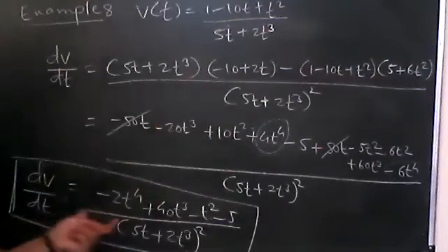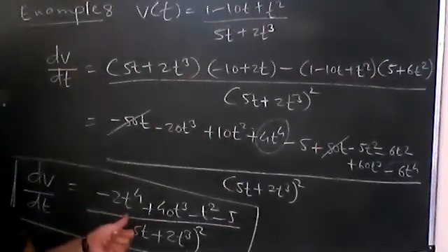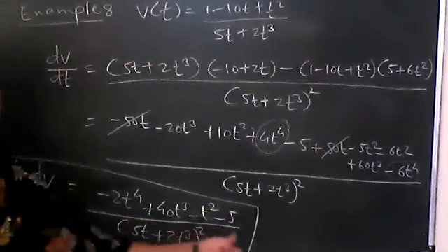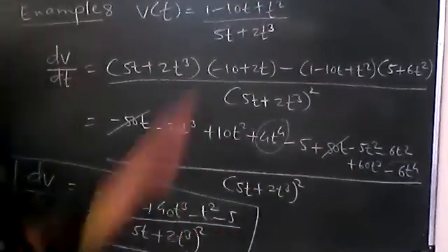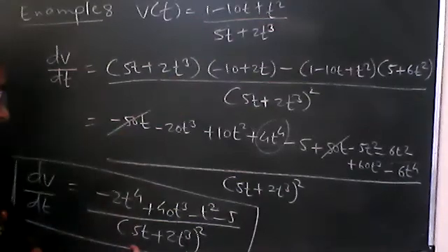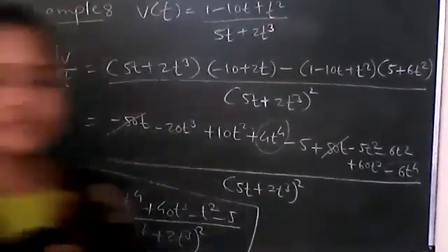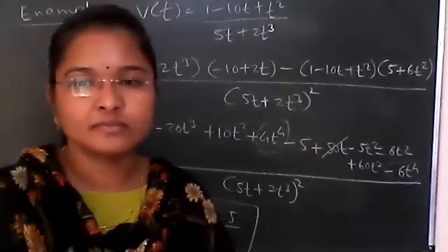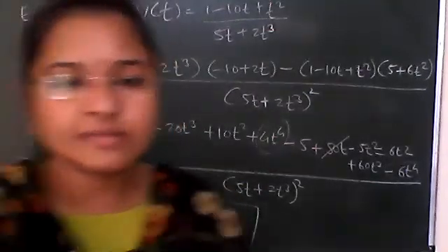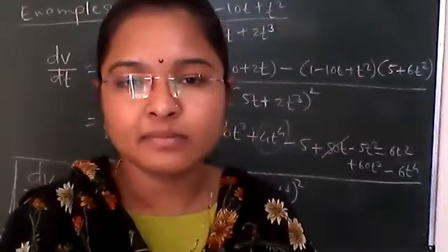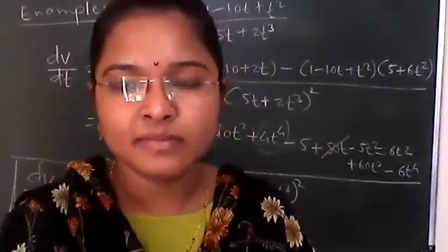So here the derivative is minus 2t raised to 4 plus 40t cube minus t square minus 5, whole thing divided by the second function square, that is 5t plus 2t cube its square. Any doubt? No, ma'am.